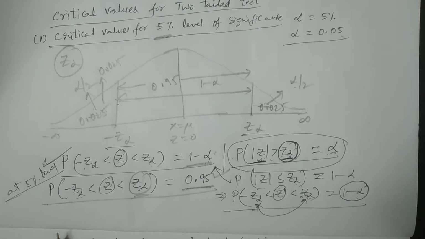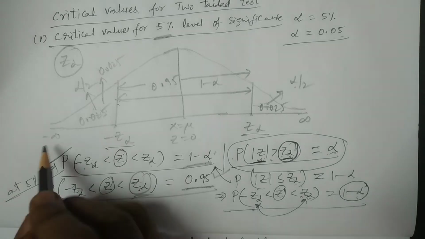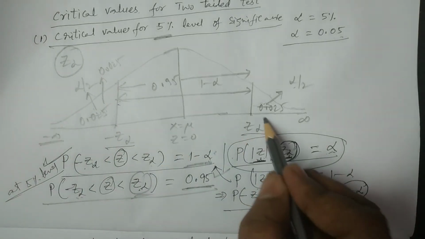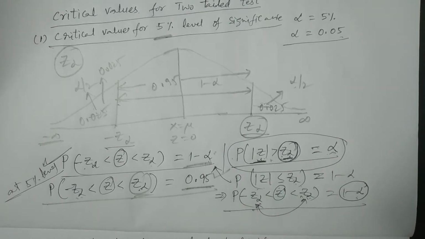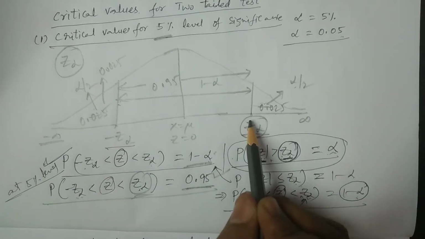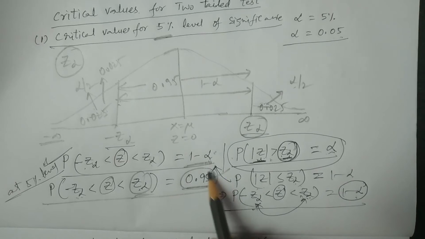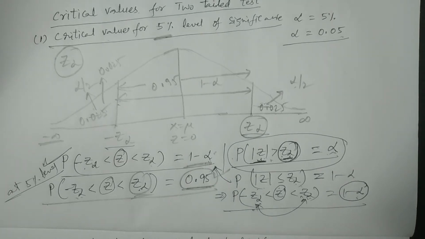Remember, the normal distribution table can only give probability from minus infinity to a positive value of z. So if you have 0.95 area between minus z alpha and plus z alpha, we cannot calculate that from the standard normal distribution tables. That is, z alpha cannot be calculated.